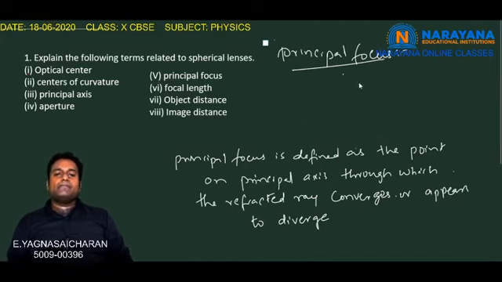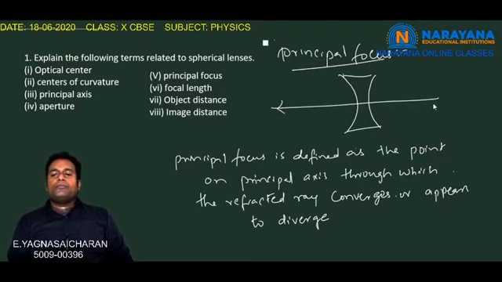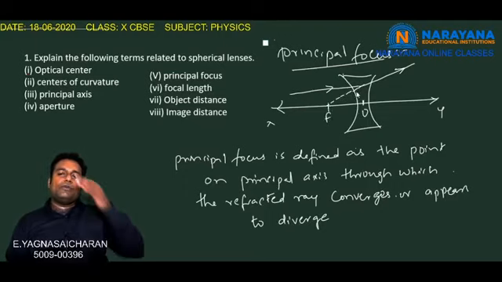concave lens. So let us consider this is the concave lens, and let us draw this is the principal axis, and it is the optical center. So if we consider a parallel beam of light, it diverges out in the case of a concave lens. So we can find it appears to diverge from a point known as focus.